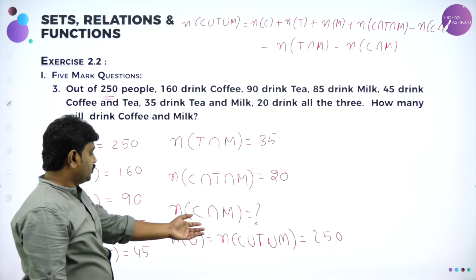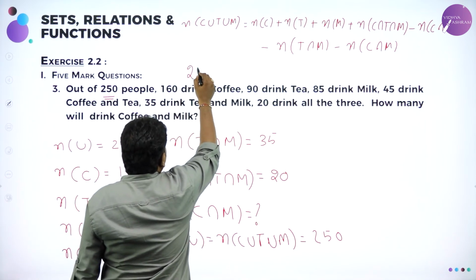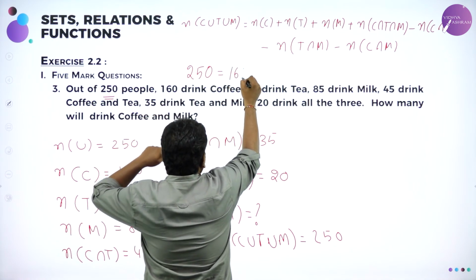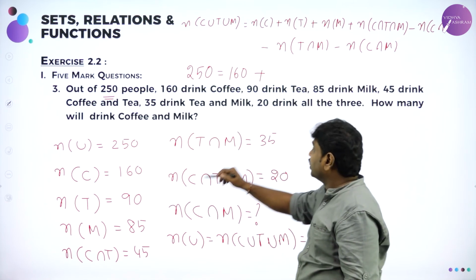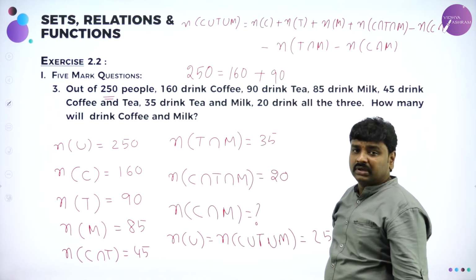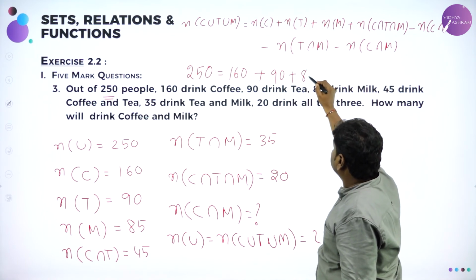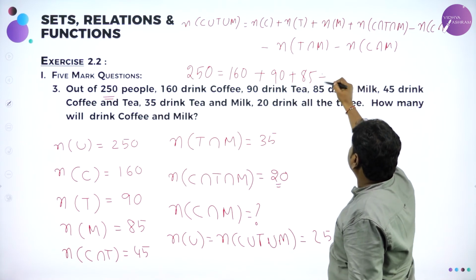So now N of U, C union T union M, is 250. LHS is 250, equal to RHS: N of C, so 160 drink coffee, here they give, plus N of T. What is N of T given? 90, and then 85, all three, 20 plus 20.